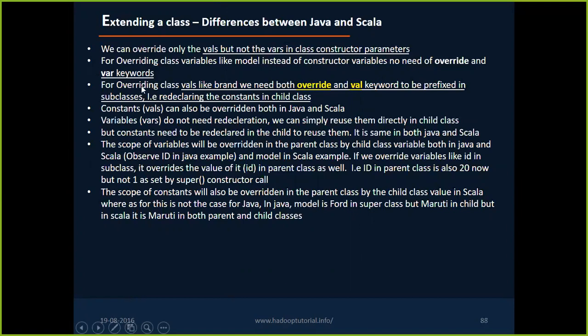And for overriding class variables inside the class, if you have declared either var or val, you can extend both of them. But a val is like redeclaring the constants in the child class. And you will have 2 copies in Java, whereas only 1 copy in Scala.